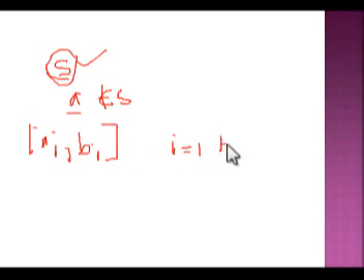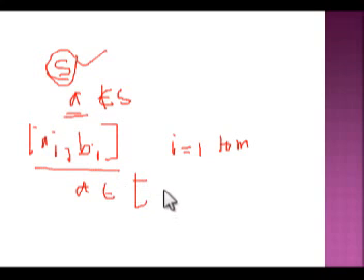Now, since A does not belong to any of the intervals of the finite subcover, A belongs to the complement of the interval Ei, Bi.